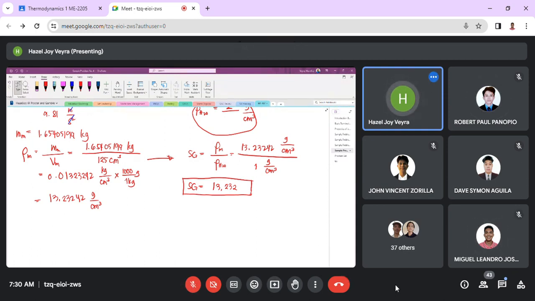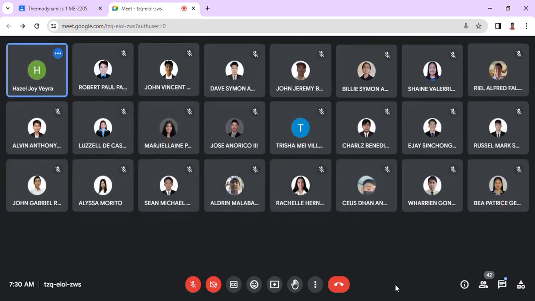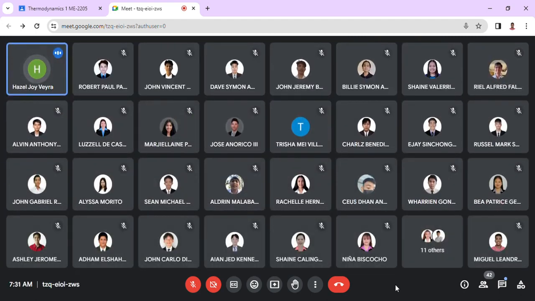So now, since we're done already, we'll proceed with our next topic, which is pressure and temperature. Let me just share the material here. But before we proceed with the definitions of terms, I'll call names again and check if you did some advance reading.